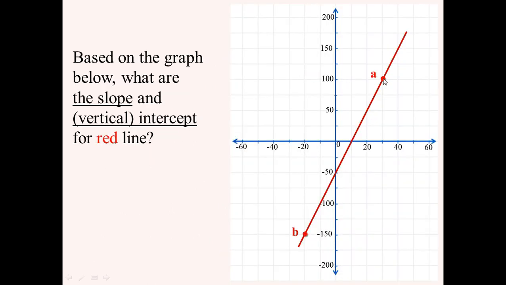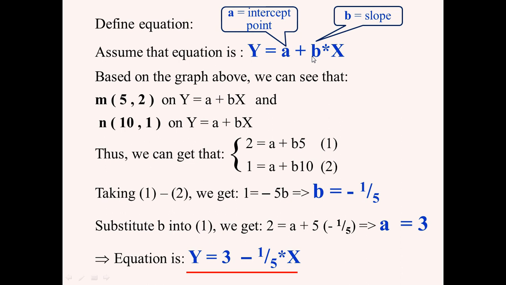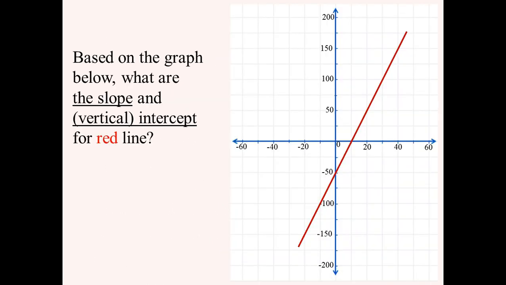I take point A and point B, and note, don't confuse A and B here. A and B here are points, but in our general equation, A is the intercept and B is the slope.